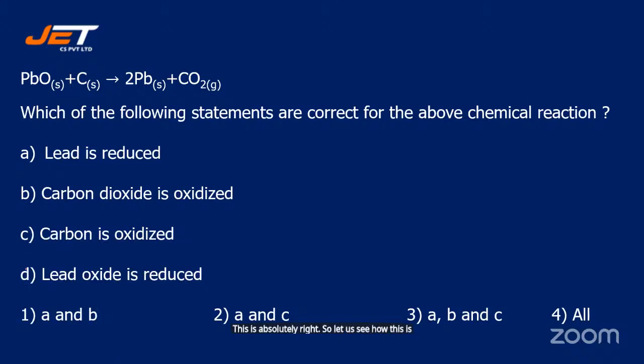So let us see how this is right. If you see the elemental state of carbon here, on the reactant side the elemental carbon oxidation state will be 0 because it's an elemental carbon. It is converted into carbon dioxide, right?